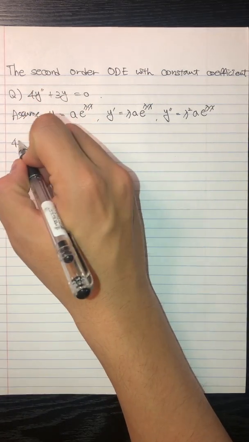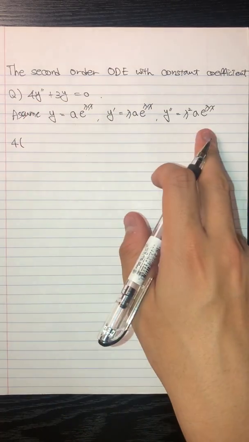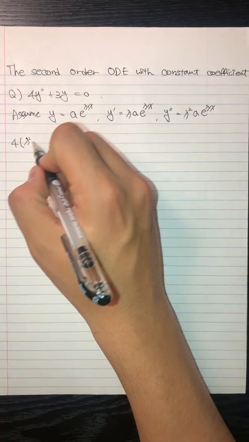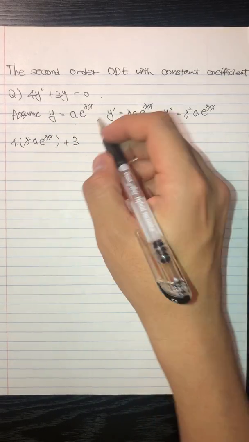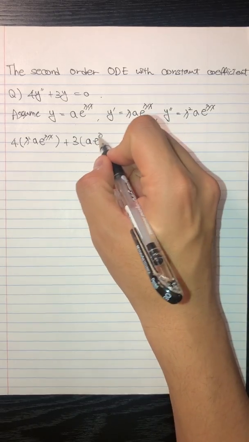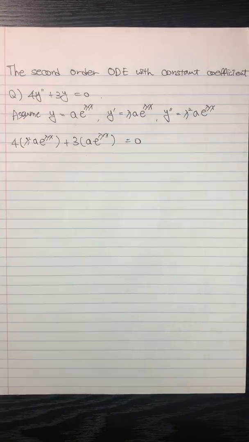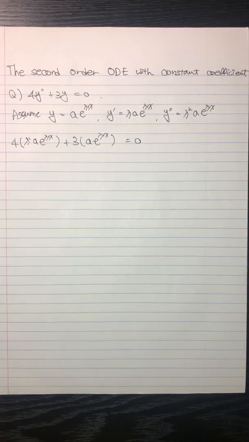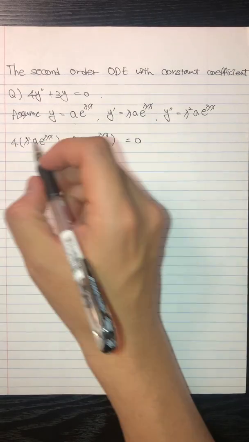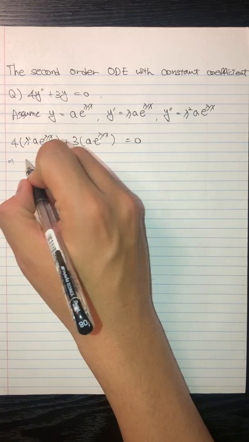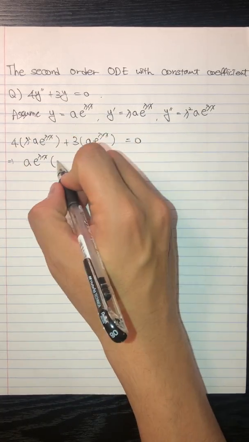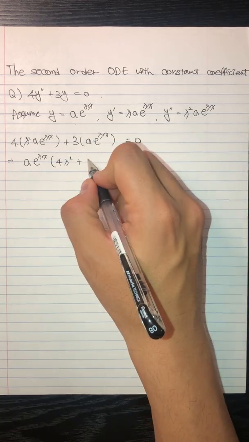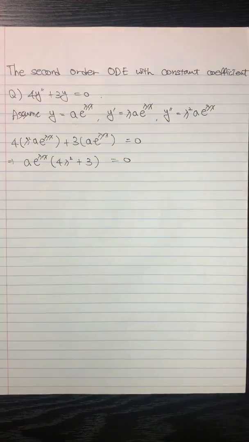So y double prime equals λ² A e^(λx), and plus 3 A e^(λx) equals 0, right? So we can rewrite this as A e^(λx) times (4λ² + 3) equals 0, right?